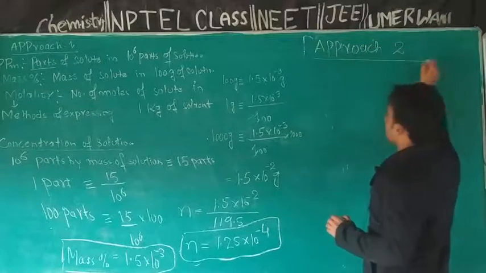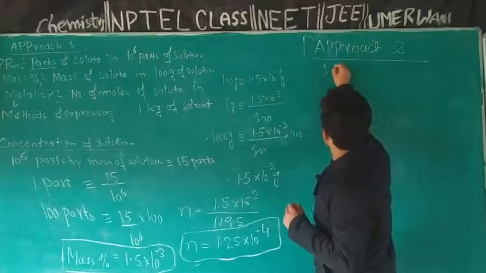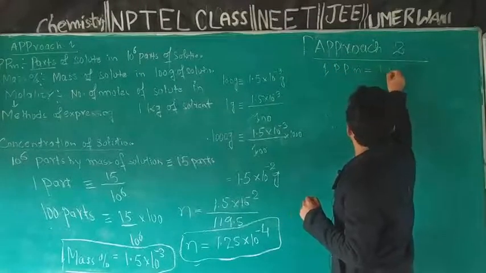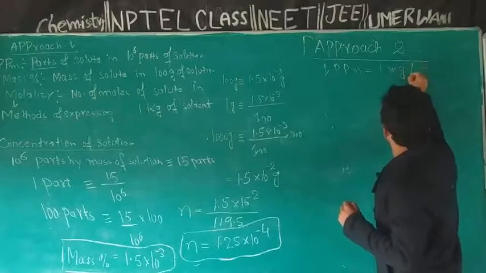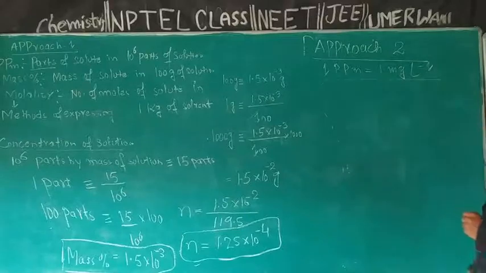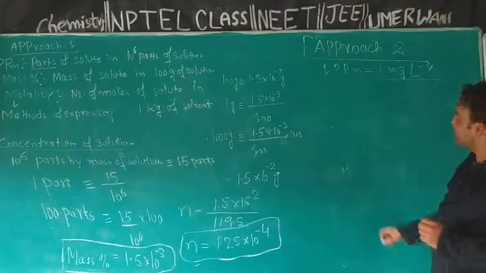In approach second you need to have idea that 1 ppm means 1 mg of solute in 1 liter of solution, 1 mg per liter. Remember this, 1 ppm is equal to 1 mg per liter.